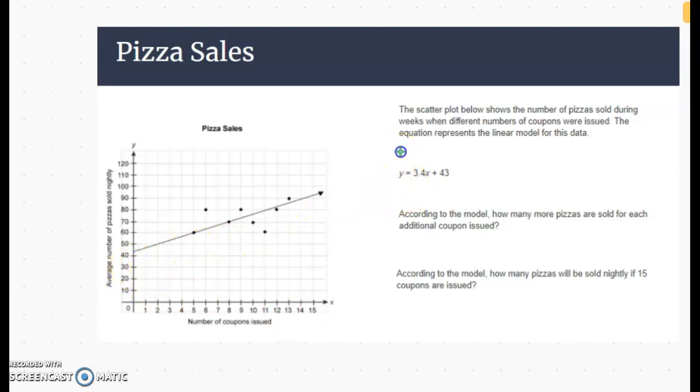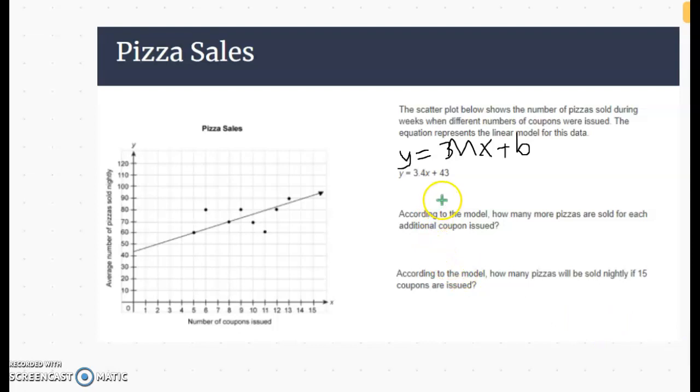And the model is y equals 3.4x plus 43. Think of it as mx plus b, where m, the slope, the rate, is 3.4, and the starting amount was 43.